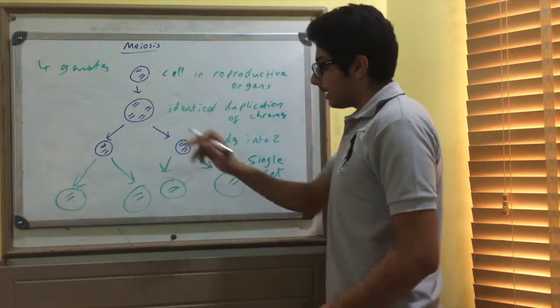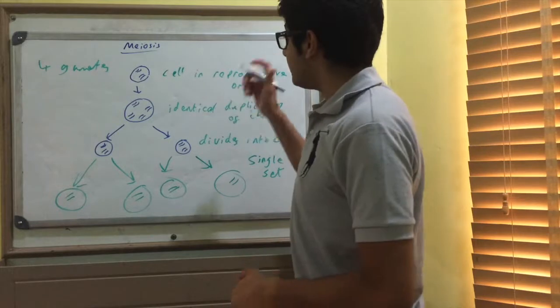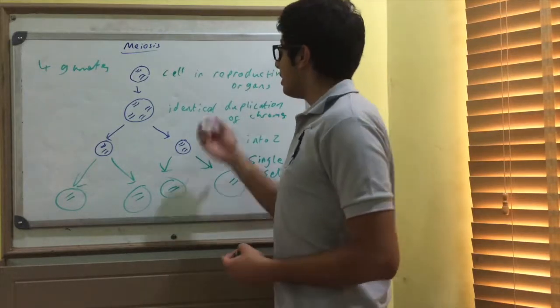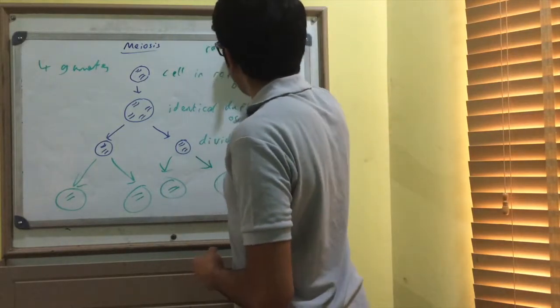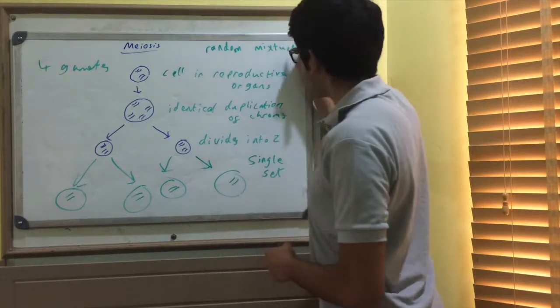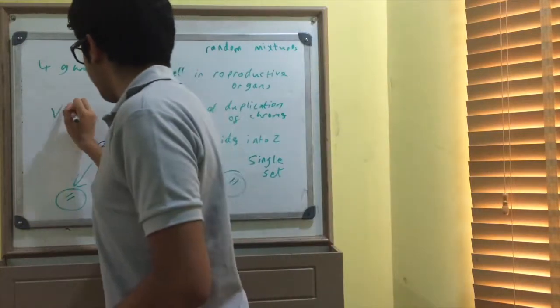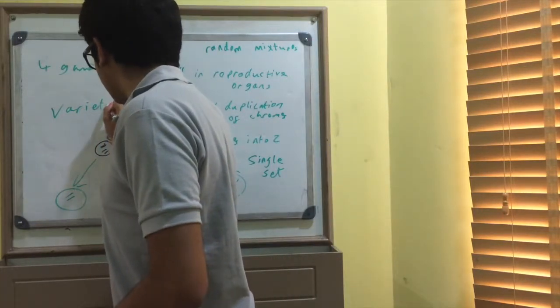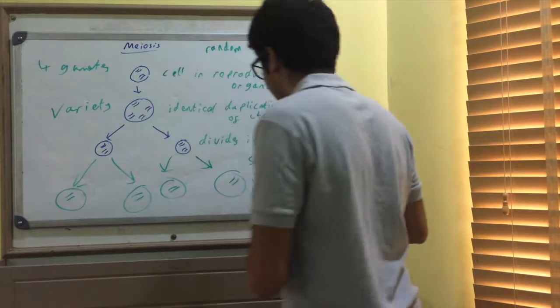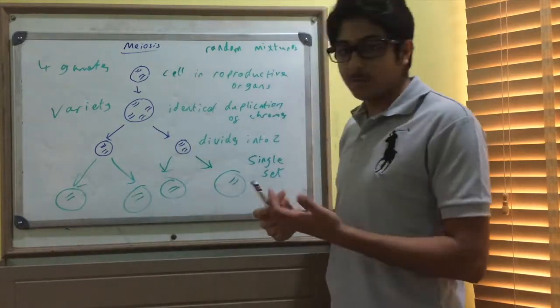However, each set of chromosomes is in a different combination. So they have a random mixture of chromosomes from the original. And this helps to allow variety, genetic variation.